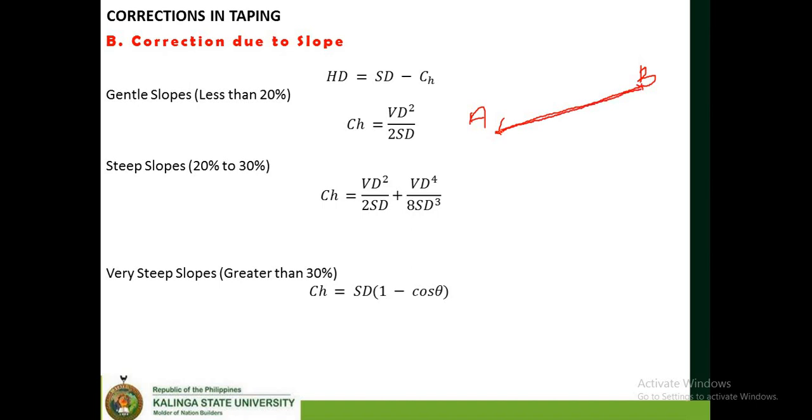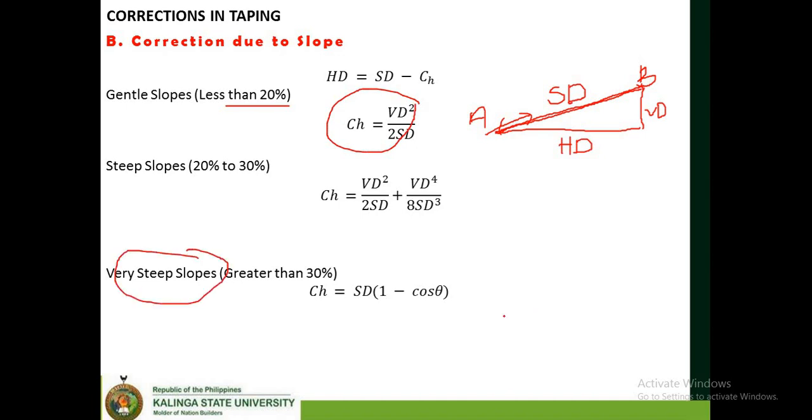So, naka-incline siya. Now, if I'm going to draw a triangle, this is the VD or yung vertical distance. Ito ang ating HD or yung ating horizontal distance, and this is our SD. So, ang gentle slope, kapag yung slope natin is less than 20%, itong ating equation.